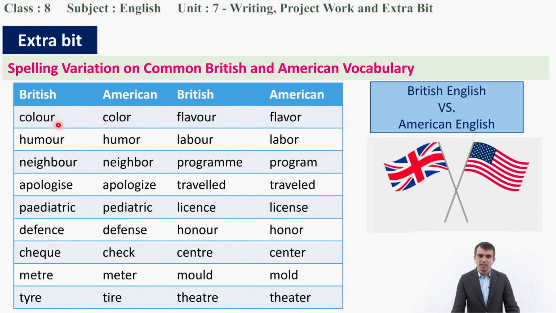Now in British English, color is C-O-L-O-U-R. In American it is C-O-L-O-R. Now British humor H-U-M-O-U-R and American H-U-M-O-R. Neighbor, British N-E-I-G-H-B-O-U-R and American N-E-I-G-H-B-O-R.